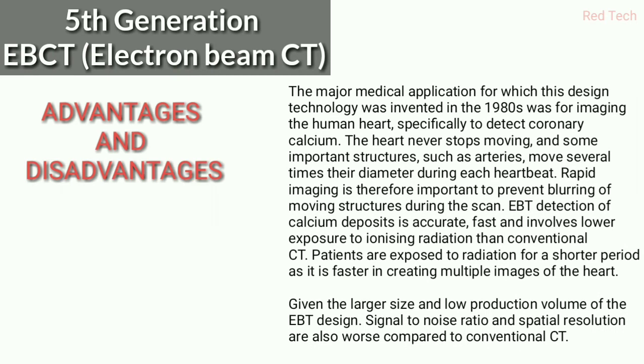Now look at the advantages and disadvantages. The major medical advantage of this technology is that it is used for imaging the human heart. It was invented in the 1980s, and by using it we can detect the coronary calcium score.